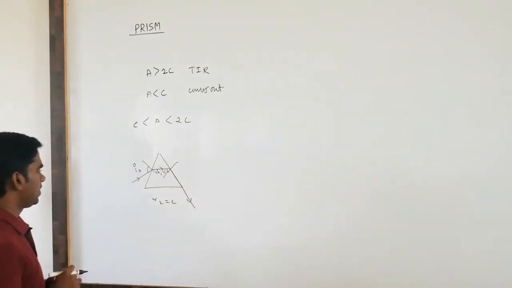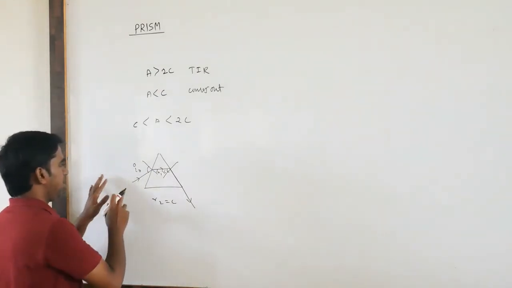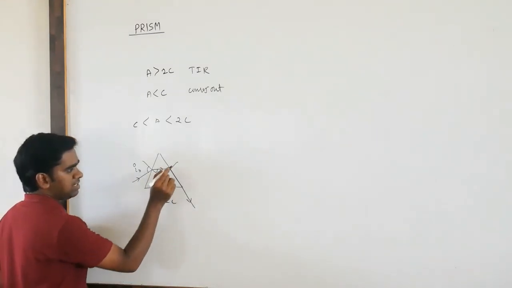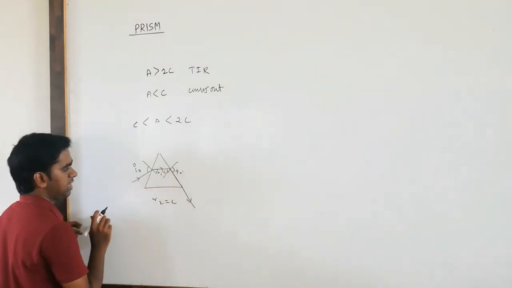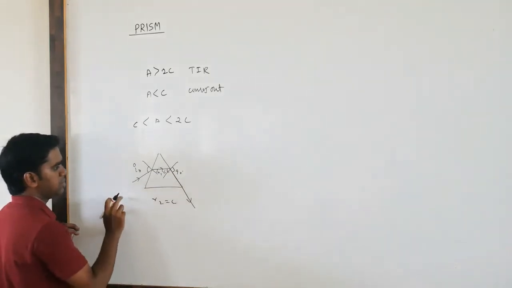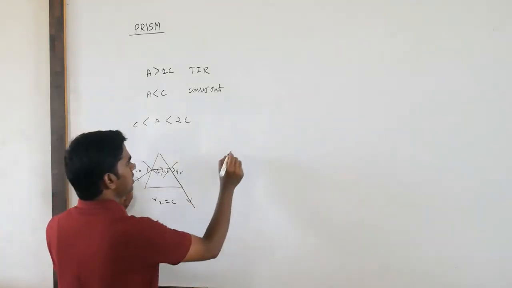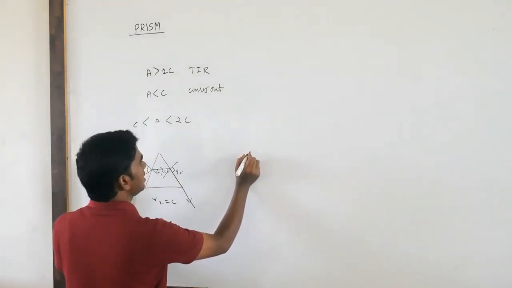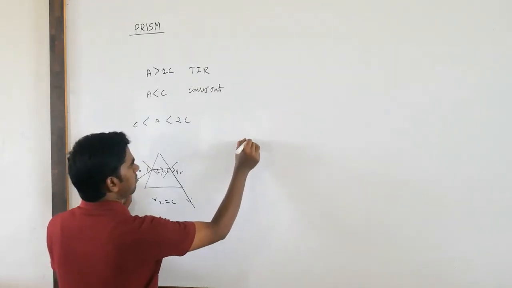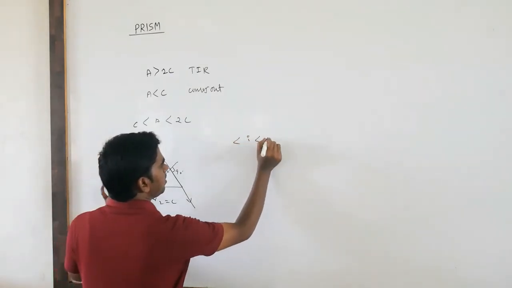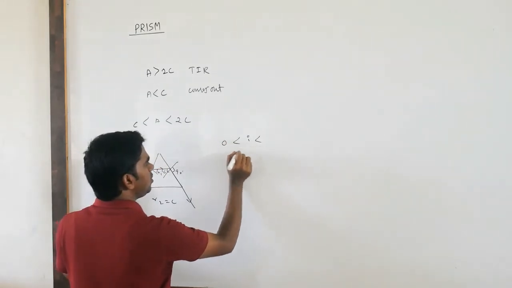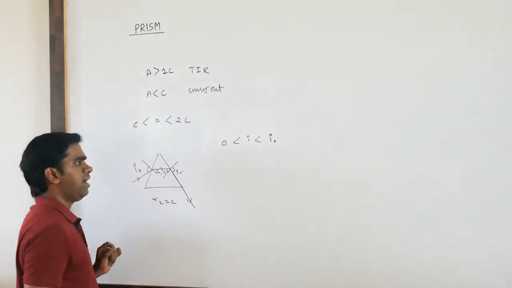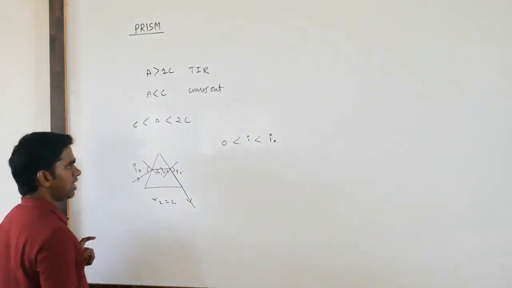Now, for I0 it is the grazing angle, so the emerging angle is equal to the grazing angle. If the angle of incidence I is between 0 and I0, what will happen?